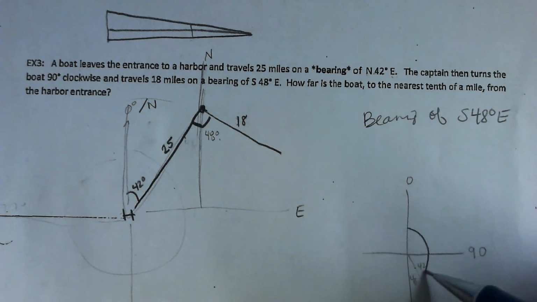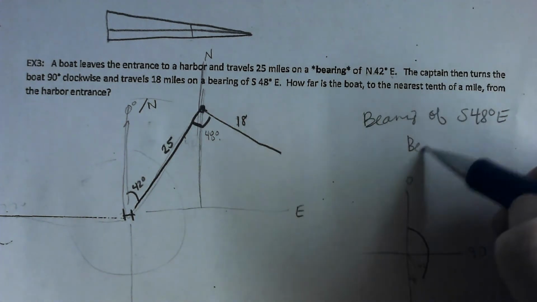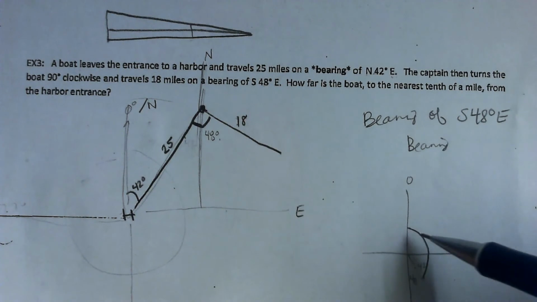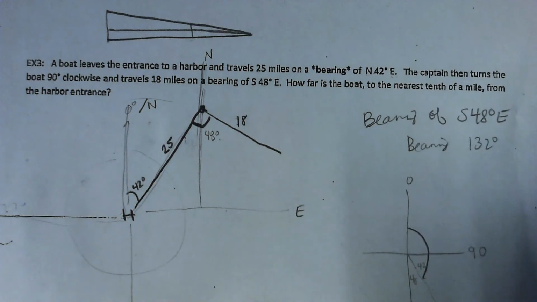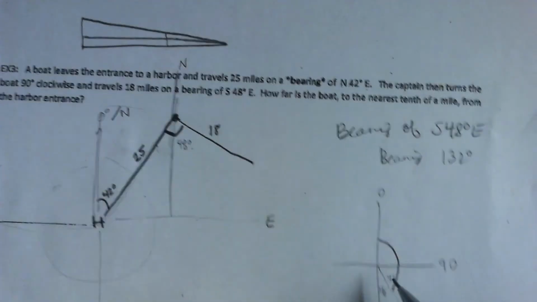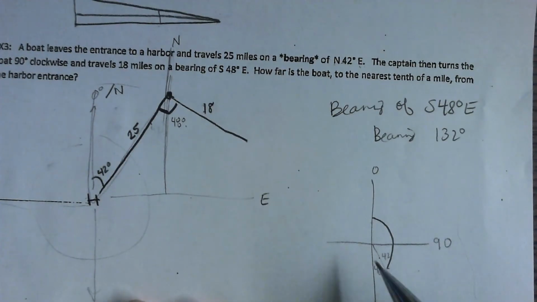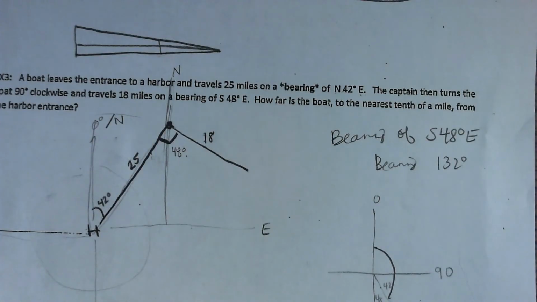Would he do 90 plus 42 and just not use the directional and just say at a bearing of 90 plus 42, 132? Do you know what I'm saying? Like, would he call that a 48 degree angle and give the direction? Or would he just call it 132 degrees, which kind of gives you the direction without having to say it? I need to know this. I can't remember what Alex Battershell told me years ago. So I need a refresher.